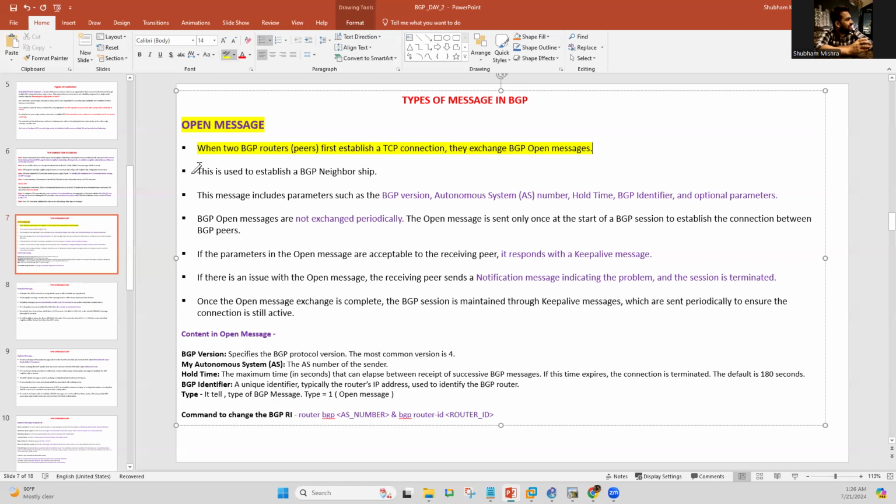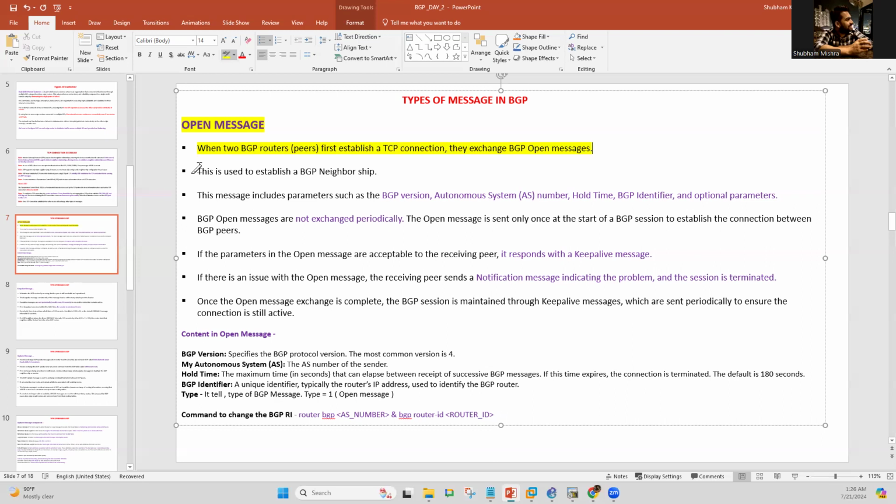For example, there are two routers on which OSPF is configured. It means after every 10 seconds, both routers exchange hello messages. So there are two uses. First, to exchange all the parameters, and second, it behaves like a keepalive message.